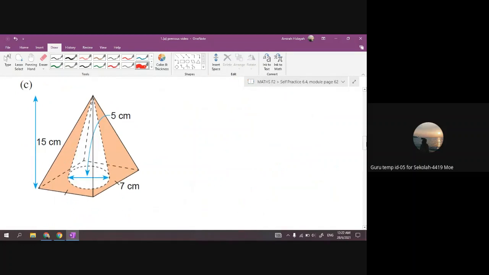So C, same goes to C. To find the shaded region, the volume of shaded region. Okay, I use short form.